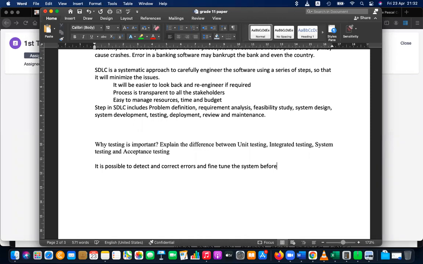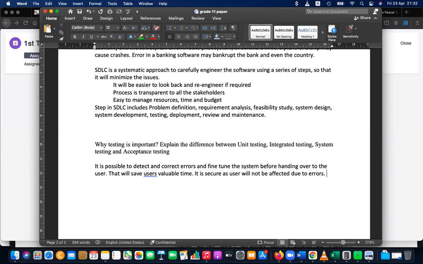That will save users' valuable time. It is secure, as the user will not be affected due to errors.